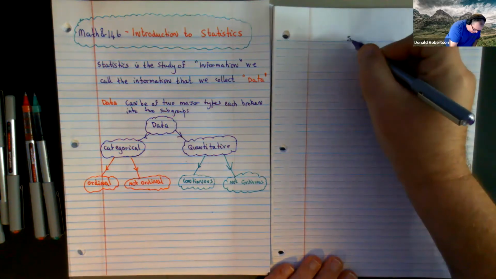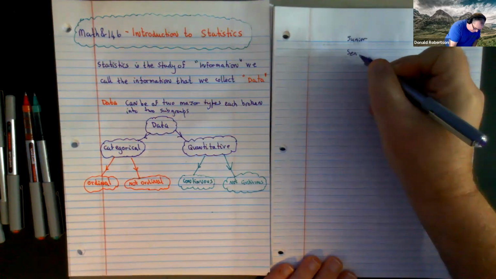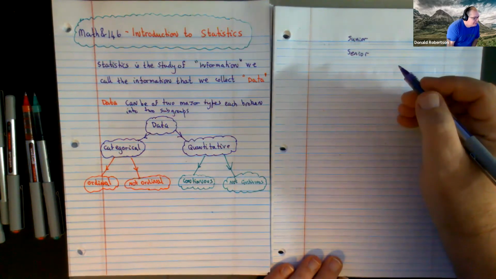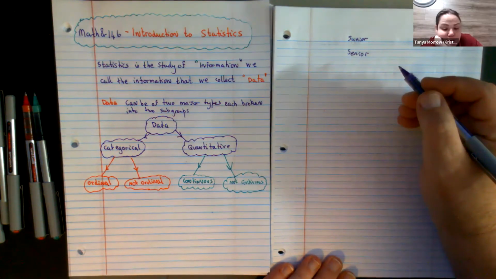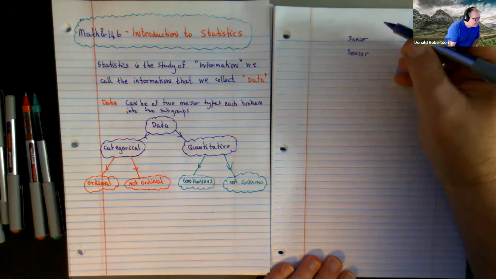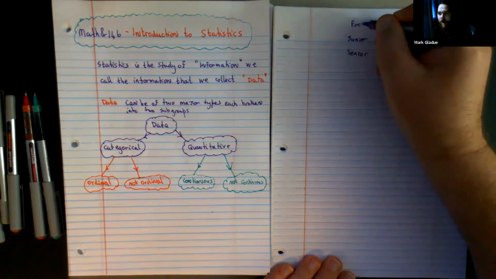They might say they were a junior, they might say they were a senior. What's the other two? Sophomore. What's the fourth one? I've missed one. Freshman. Which one is the youngest of the group? Was freshman first? Yeah. Freshman. Right. So freshman.